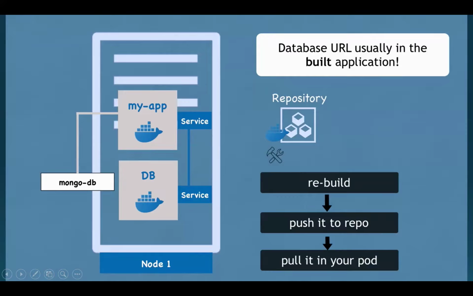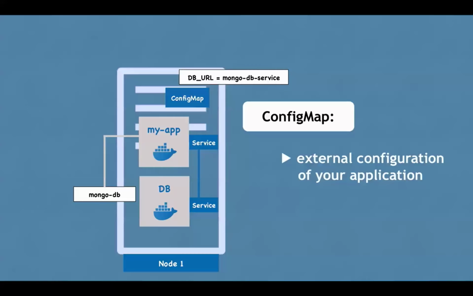Then the connection will happen. So any change you make in the service file leads to these many tasks, which you have to do again and again. And in general, people make a lot of changes. So it's a hectic process: again rebuild, push it to the repo, pull it to the pod.